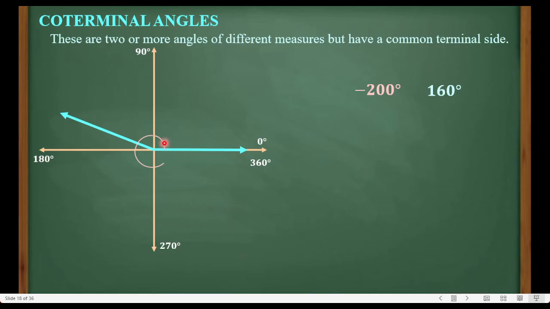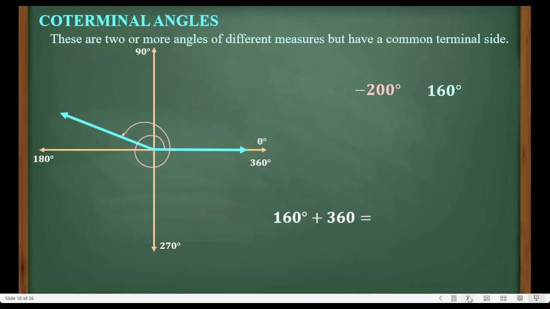We rotate by 90 degrees as of this point, then 180 degrees, then 270 degrees, and again we rotate until it reaches the same terminal side. So what is the amount of rotation? Obviously, the rotation is more than 360 degrees.